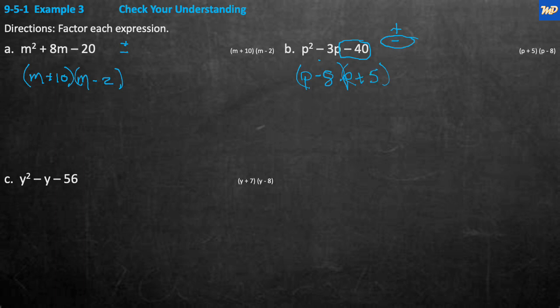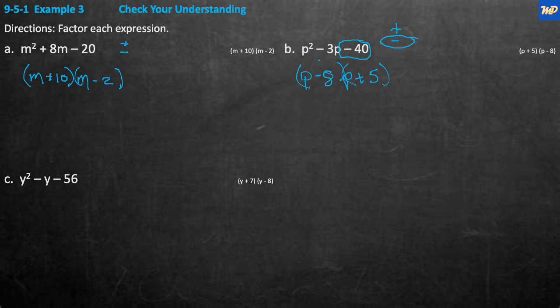So the larger of these two, the negative, is the 8, and the smaller number is the positive 5. And that'll give you a negative 3, because negative 8 plus 5. Okay, I hope that's making sense.